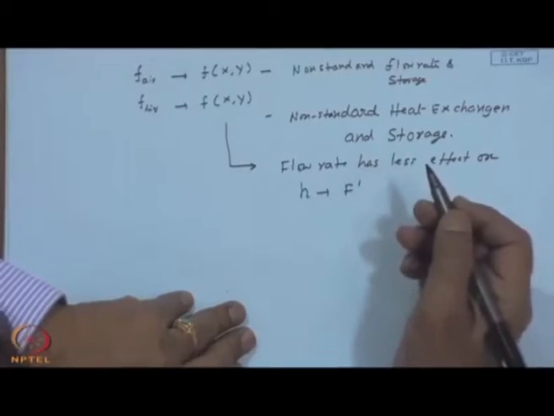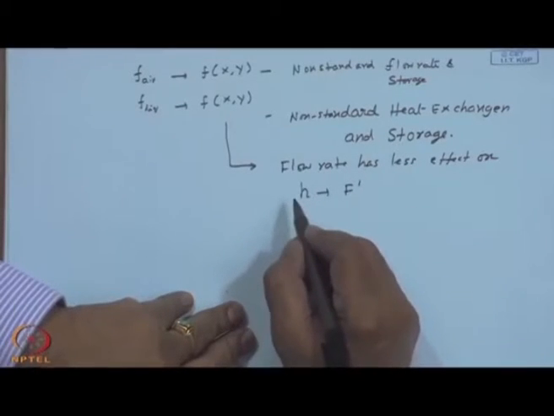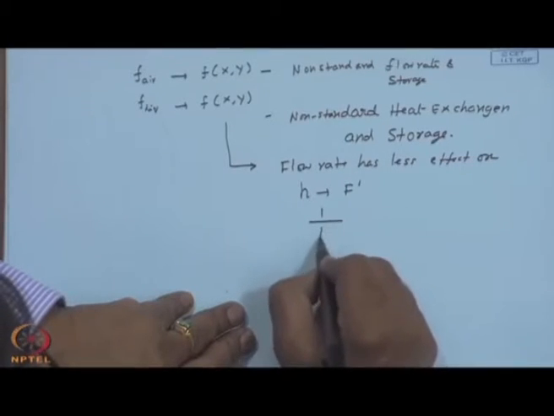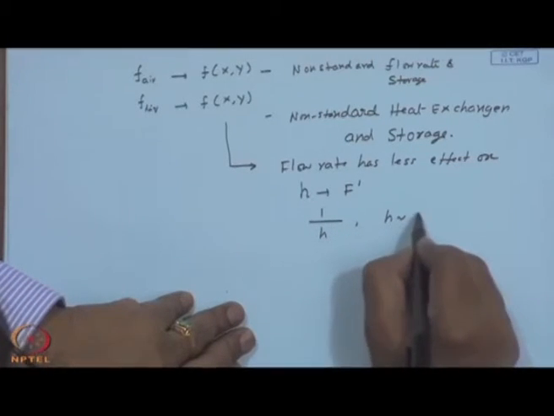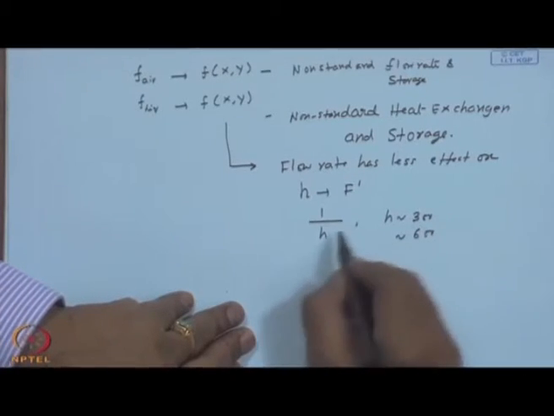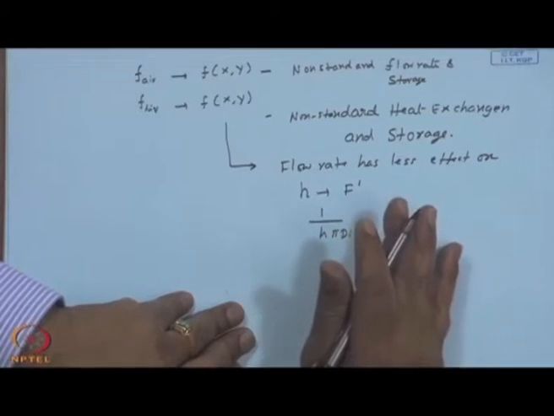And more importantly, if you recall the expression for F dashed, the resistance is something like 1 by h, and if h is of the order of 300, even if it becomes 600, 1 by h pi d I will be still small.